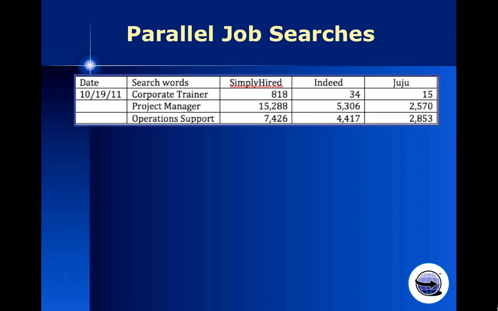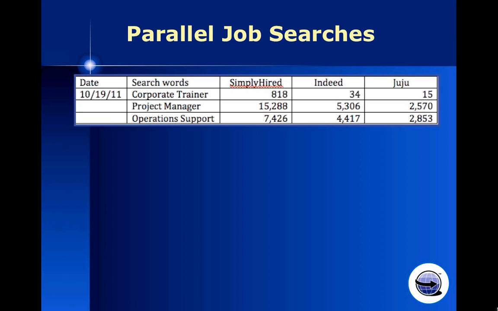Many people have sets of skills and may want to conduct parallel job searches. The question comes up, how do we know how to prioritize the search and what to focus on and when? As in part 1, I recommended that we track our search results. Let's say that on Monday you go out and check how many jobs are available. In this chart, I conducted a parallel search that included corporate trainer, project manager, and operations support.